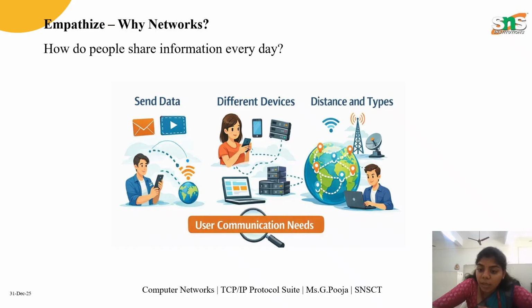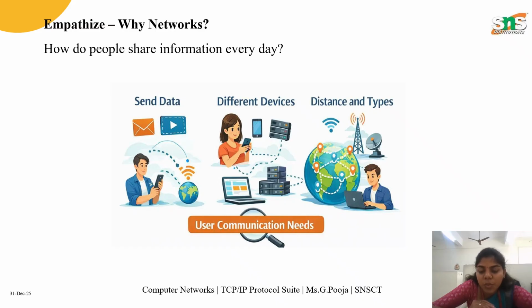When it comes to PAN, it means personal area network, which means the coverage is only a personal network area. So it is only within a certain area. One of the real-time examples is Bluetooth.